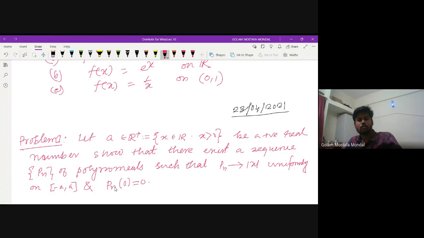So the value of this polynomial P n at the point 0 equal to 0, this is for all n.